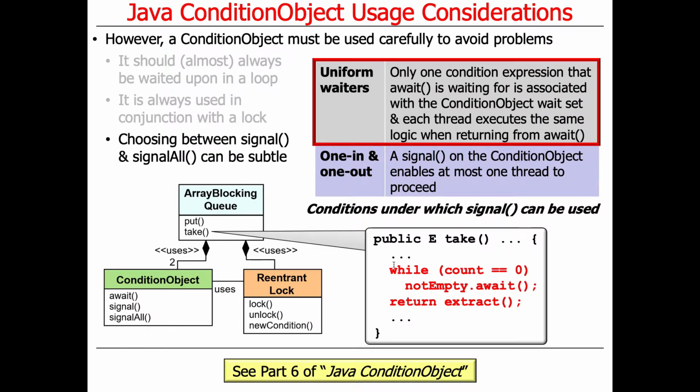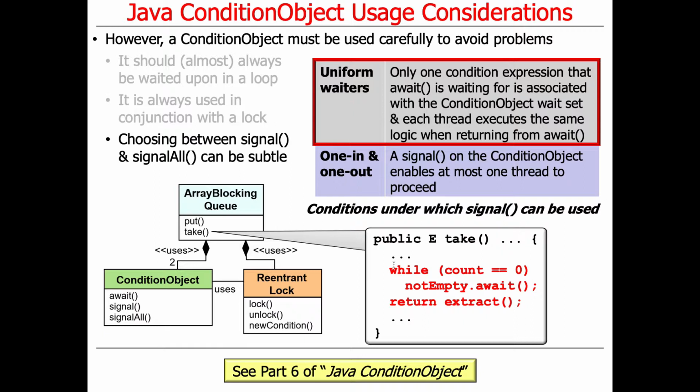Uniform waiters says you can signal something if anybody waiting, and there could be several, are all waiting for the same thing. So if you have a condition object that could have one or more threads waiting on it, as long as they're all waiting for the same condition, you can signal, and that'll work just fine.